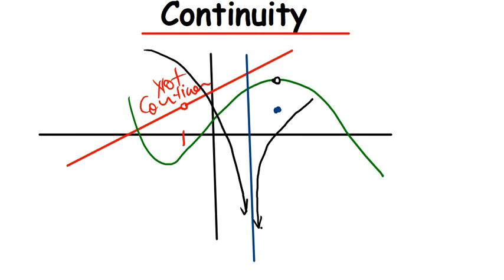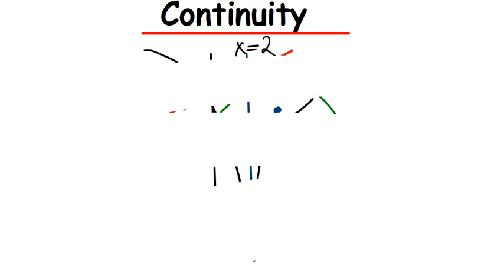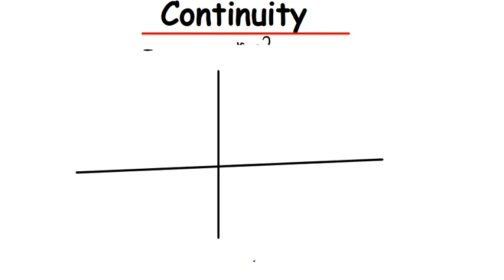Provided there is this line, say x is equal to 2, we know the function is not continuous about that point. And finally, one more case where a function is not continuous is a piecewise function like this.